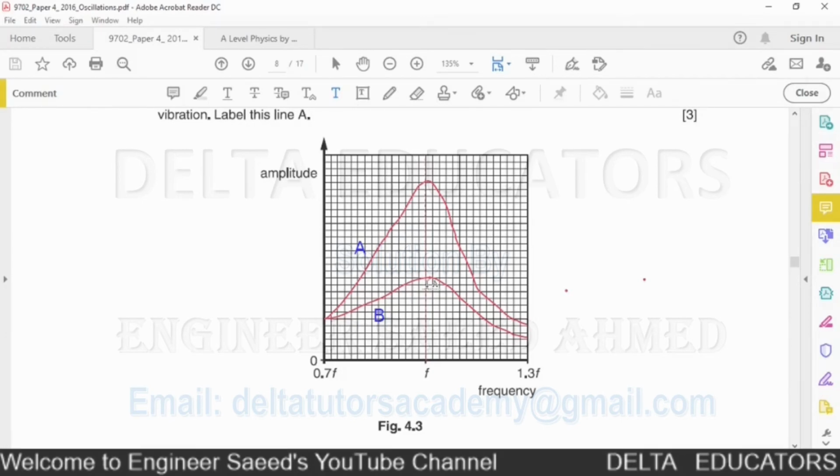Now at F it will have maximum amplitude, but this amplitude will be less than the amplitude shown in the previous condition. Now when we increase the frequency from natural frequency up to 1.3, its amplitude will be decreased. So the maximum amplitude will be at natural frequency F, and its amplitude will be less when the frequency is less than or more than natural frequency. So this A is shown without any load and this B is shown with some load.